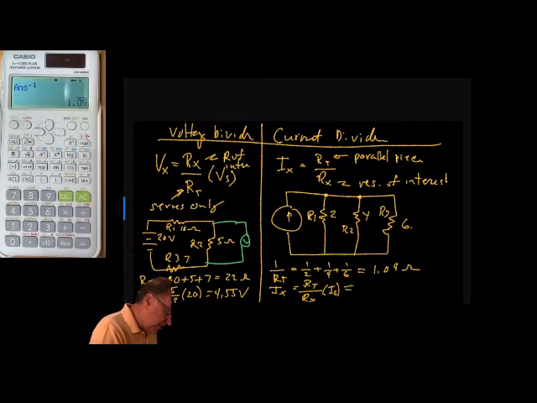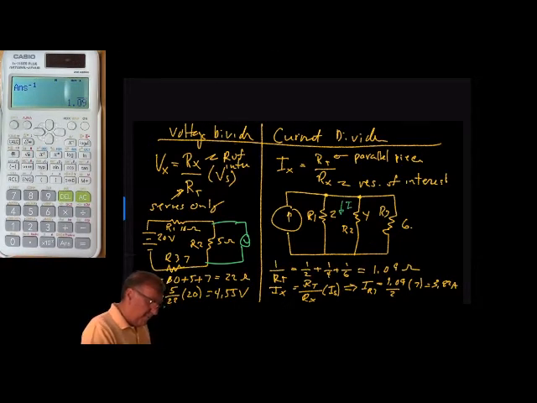And since Rx is R1, we substitute, so the current in R1 equals 1.09 over 2 times 7, and that equals 3.82 amps. So the current in R1 is 3.82 amps. And of course that can be applied to any of those resistors. We just substitute the resistor of interest in this equation, and we'll get the current through any of those legs.